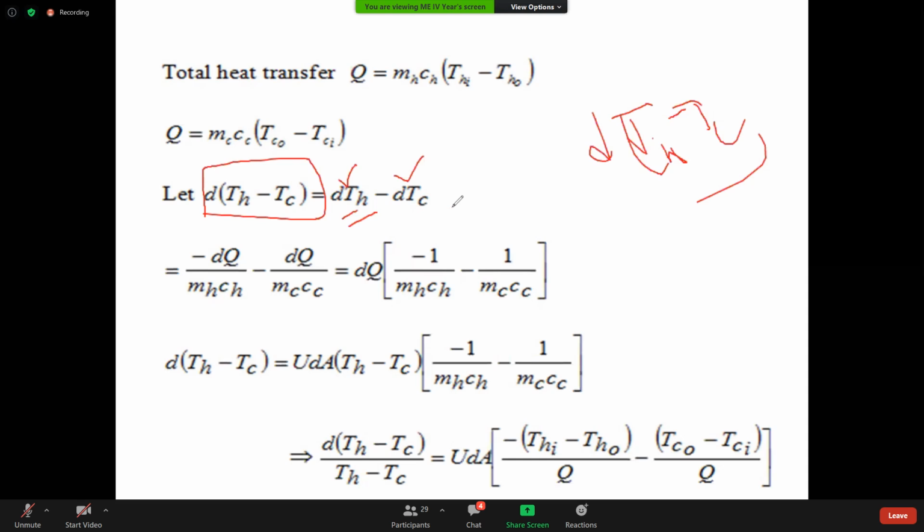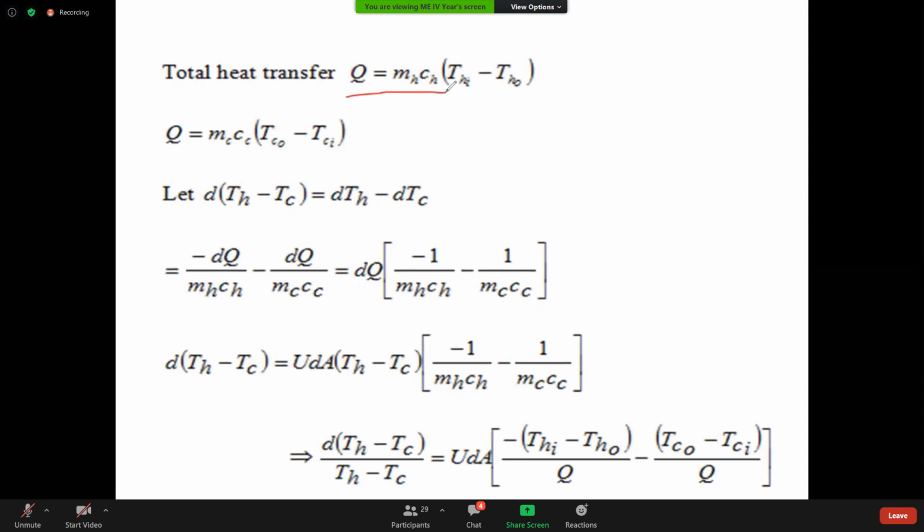I know that this is the equation. This equation also you can leave; it will be applied later on, right? So let d(TH minus TC) be equal to dTH minus dTC.